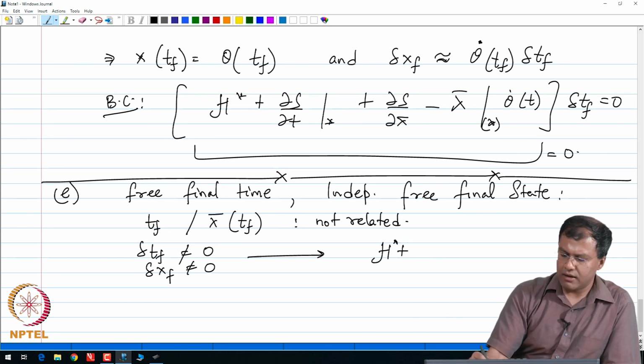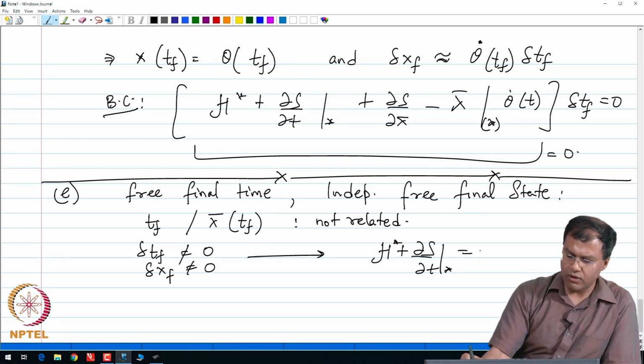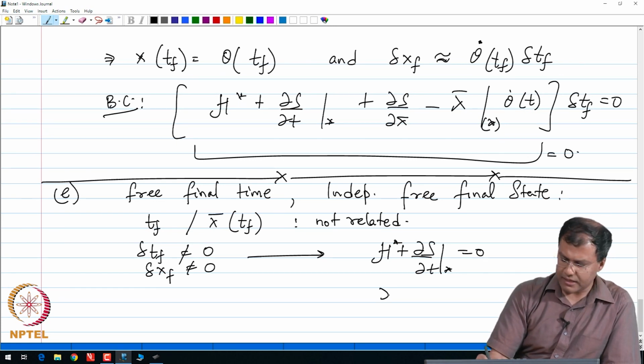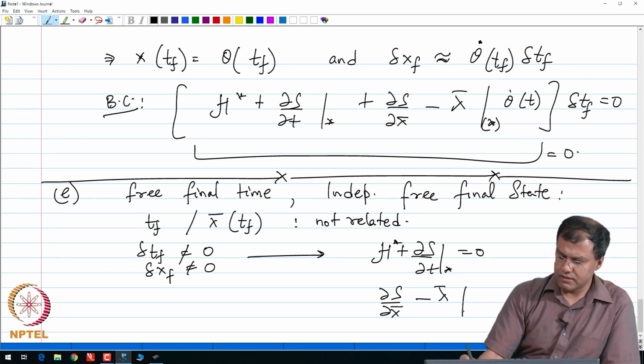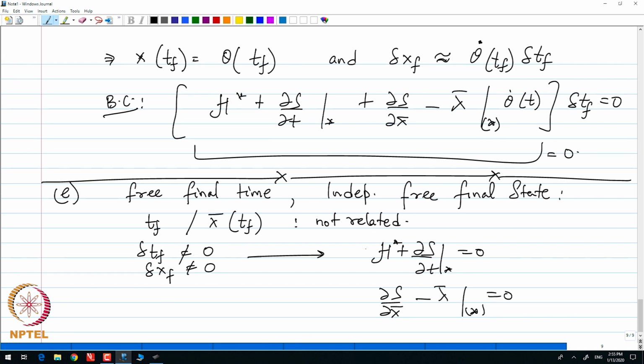So, H star plus partial S partial T at the start condition is 0, and the second, from delta x f, I get that partial S partial x minus lambda at start condition is also set equal to 0. So, this is directly from my natural boundary condition.